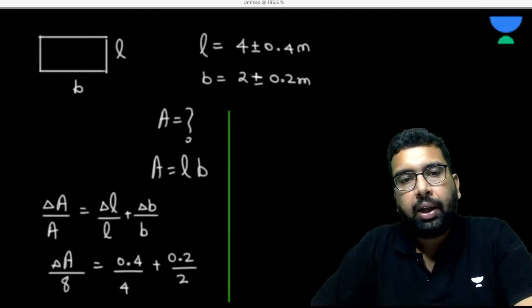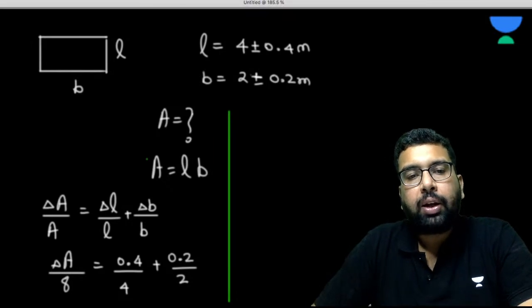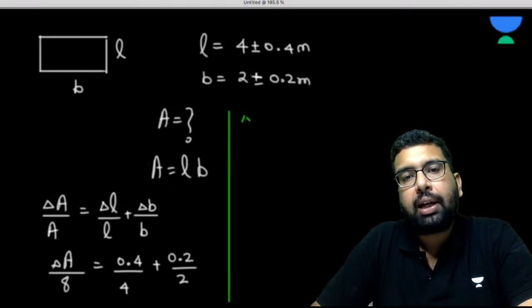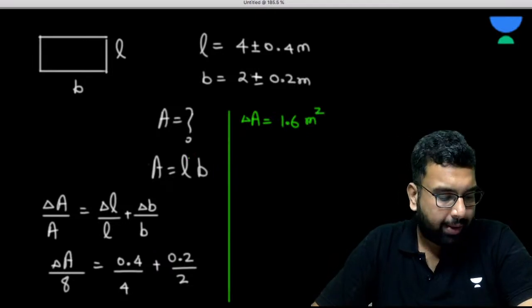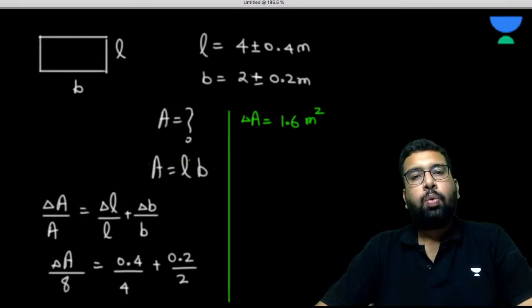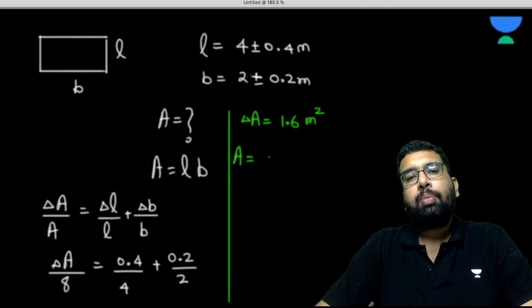Okay. So guys, what is going to happen here? So we are having delta A is equal to 0.1 plus 0.1, that is 0.2, and this is going to be 1.6. Okay, so delta A is 1.6 meter square. So what is going to be the A? A we must write, so 4 into 2, that is 8 plus minus 1.6.